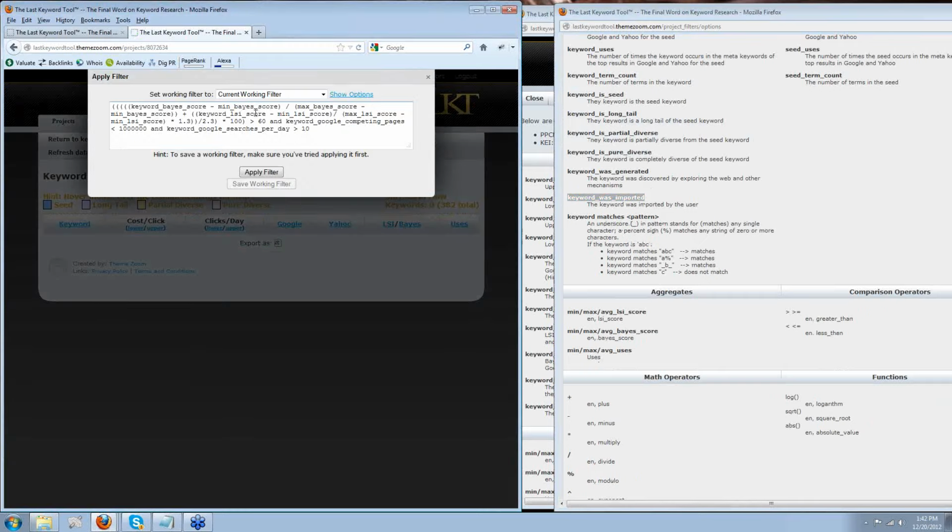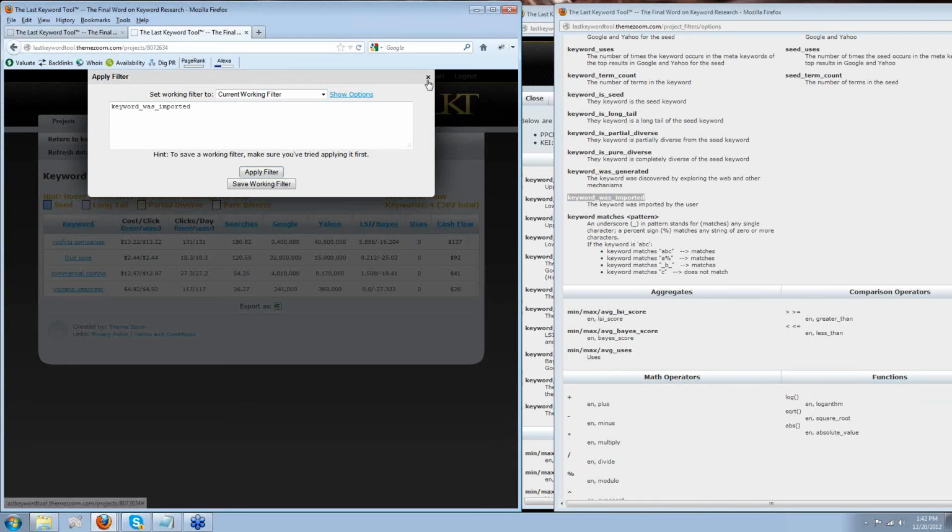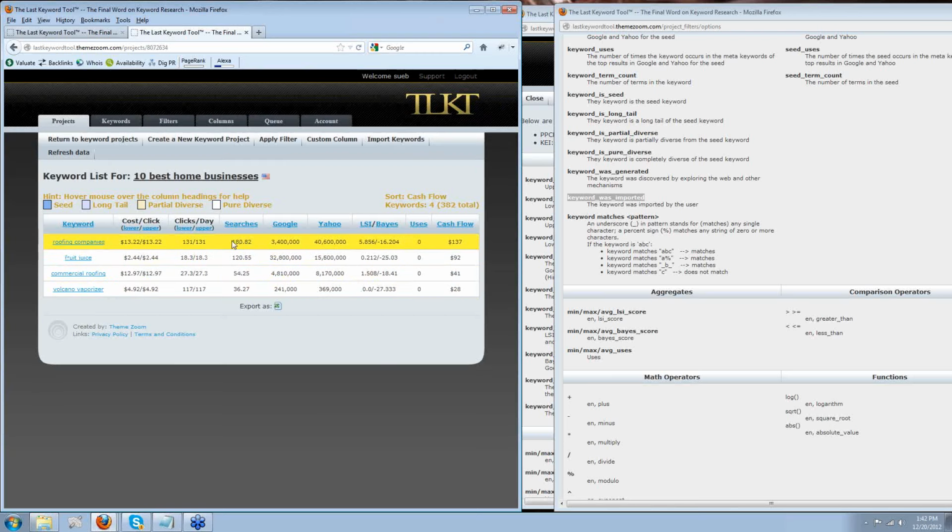Come here to the apply filter and say keyword was imported, and you'll get just your imported keywords back, right? So then you've got your list of locales along with your bicycle list, and you can see which of those have data. The keywords that actually have data are keywords that I would make sure that I use, because you know that those have got searches on a local level.